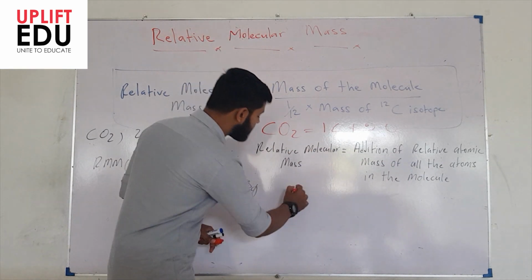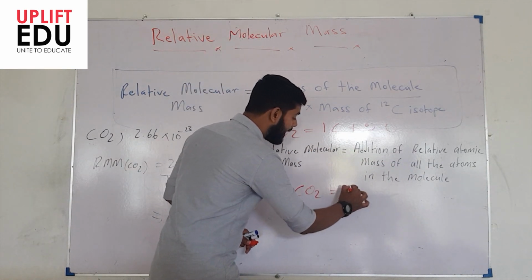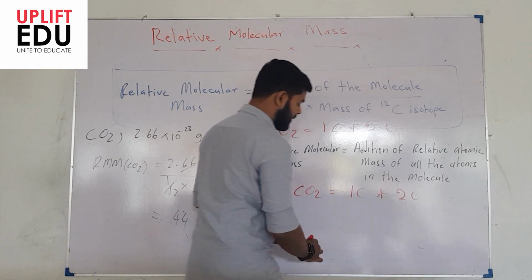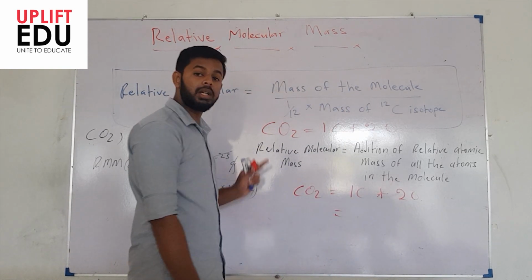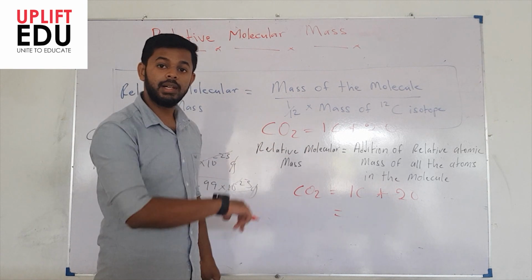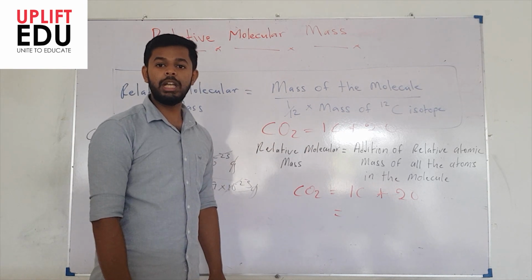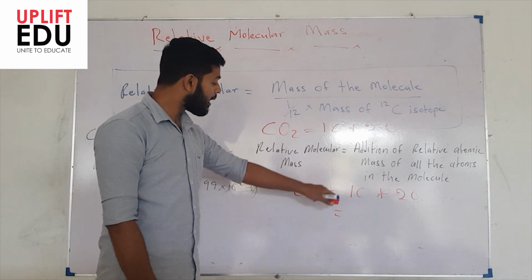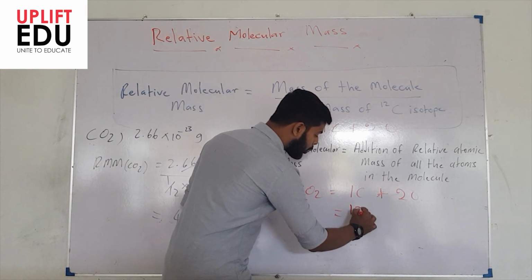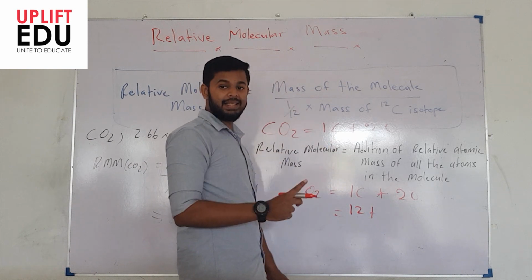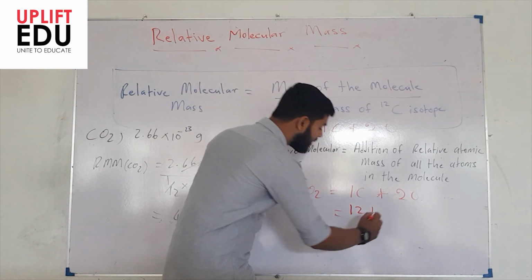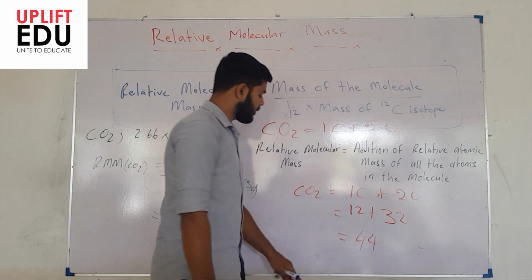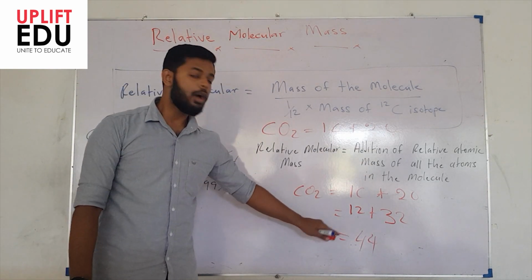For carbon dioxide, there is 1 carbon plus 2 oxygen. You can refer to the table given in your book on page number 125 to find the relative atomic masses. Carbon is 12, plus oxygen is 16, but there are 2 oxygens, so that is 32. As a summation, here also we get 44. The relative molecular mass of carbon dioxide is 44.